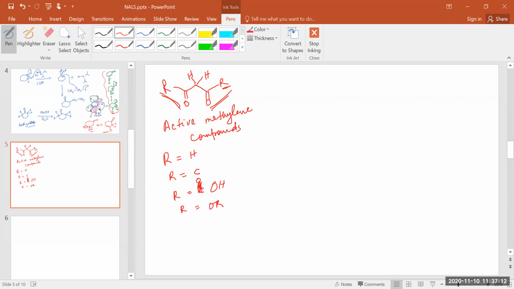And not only this, there could be other resonance stabilizing groups like CN. Here you have a ketone, or both sides CN cyano, or you can have nitro, because nitro can also stabilize the anion by resonance. So these are examples of active methylene compounds.